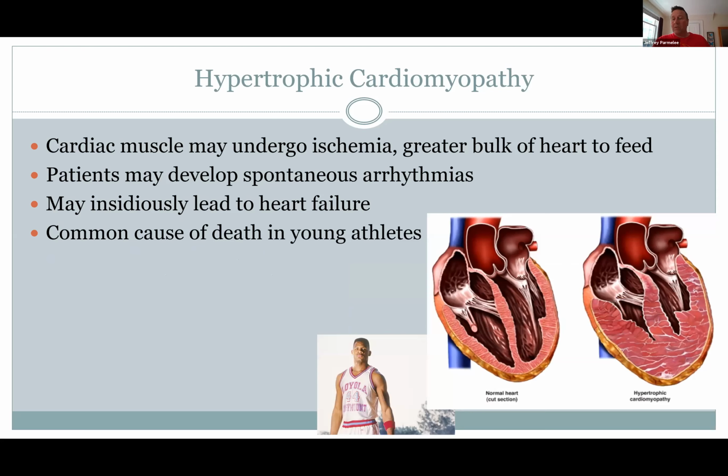And as your heart hypertrophies, one of the things that happens is that it's harder to perfuse. So the coronary arteries can't handle getting enough oxygen to that much more heart muscle, and so you have ischemia of the heart muscle. Arrhythmias can form. And like I say, it's some high profile athletes, up and coming, usually college athletes, who will just fall dead on the basketball court or the football field because they had this hypertrophic cardiomyopathy.